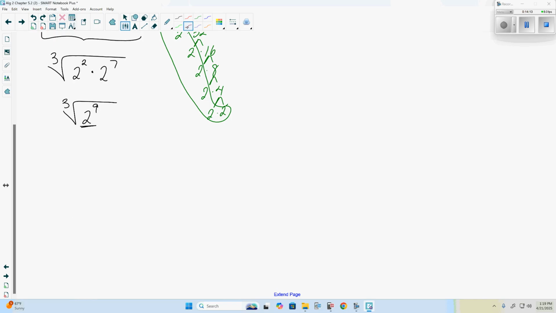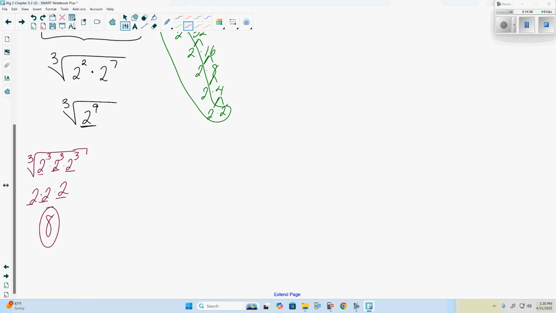Now we can look at it in one way, because 2 to the 9th is the same as 2 to the 3rd, times 2 to the 3rd, times 2 to the 3rd. And each one of these would come out of the radical, leaving us with 2 times 2 times 2, or 2 times 2 is 4, times 2 is 8.